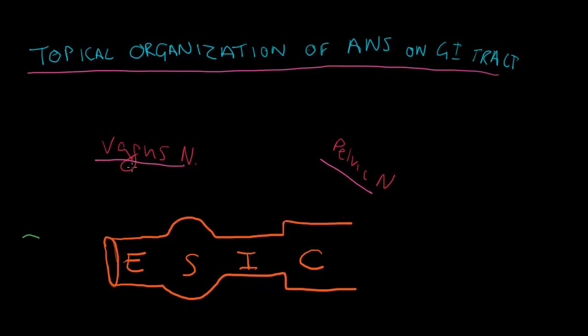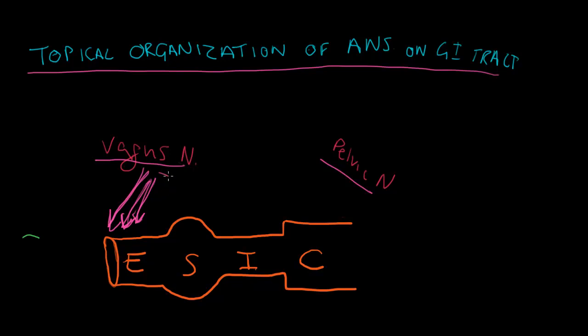Now, it's very simple. The vagus nerve innervates a higher density towards... Let me step back. This is our GI tract. This is the esophagus, stomach, intestine, and the colon. And the vagus nerve has a higher density of neurons sending axons down to the esophagus, closer to the brainstem, which sits on top of the spinal cord.